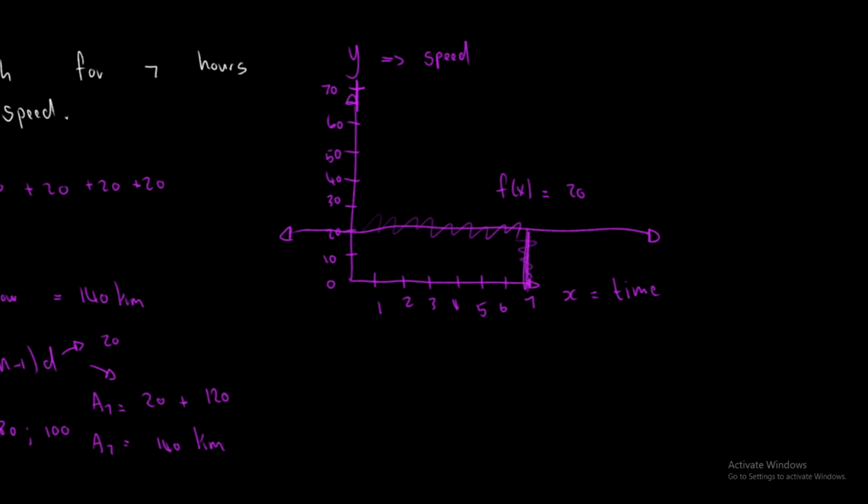So I have 20 multiplied by 7, which is also 140. And we can just say kilometers again. So let's say, well, the area would then be the length times the width, or the base times the height. Since this is a rectangle, we have 20 times 7, which is therefore 140.